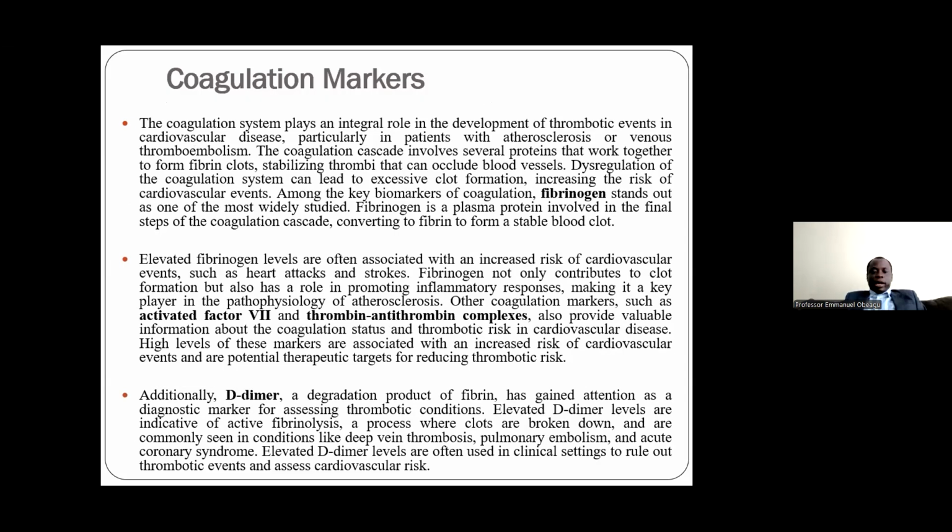Of course, I've also talked about coagulation as very important in the progression and process of cardiovascular disease. I've talked about fibrinogen, and we also consider activated factor VII and the thrombin-antithrombin complex. Another very critical marker in the coagulation system is the D-dimer.